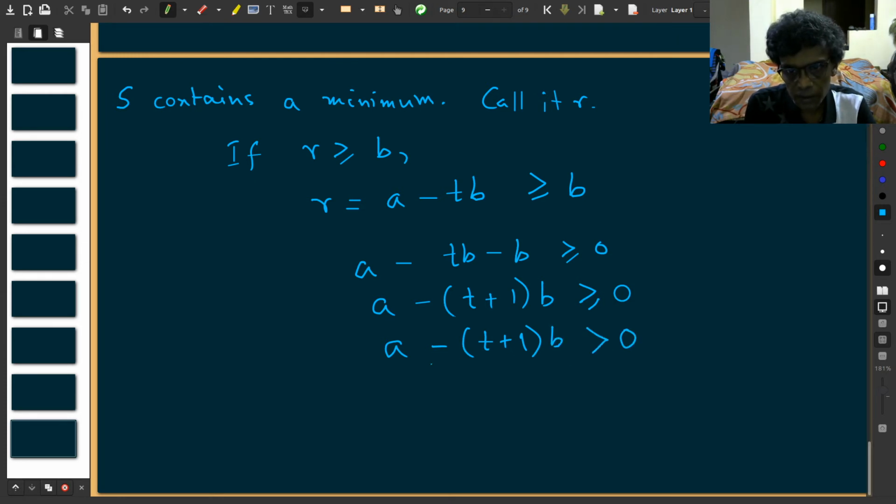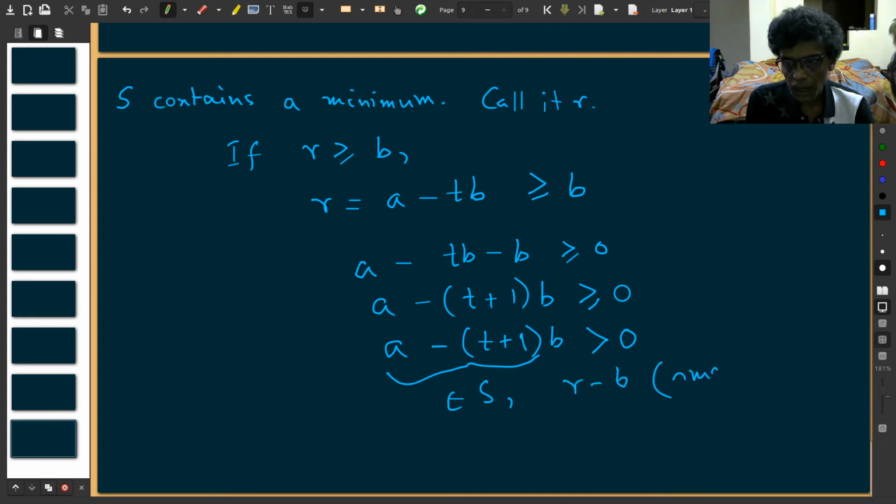And therefore, this quantity is again in S and it is nothing but R minus B, so smaller than R. So this is a contradiction, therefore I must have R less than B.